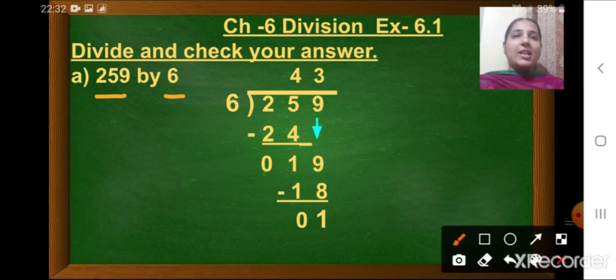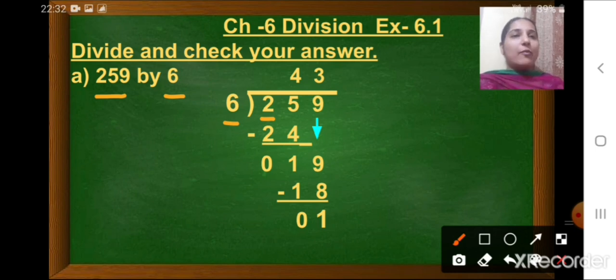So let's divide. We will write it like this, 259 divided by 6. So children, we will start with the digit at the leftmost side. So what is the digit here? 2. But 2 is smaller than 6 here. See, 2 is smaller than the divisor. So what will we do?